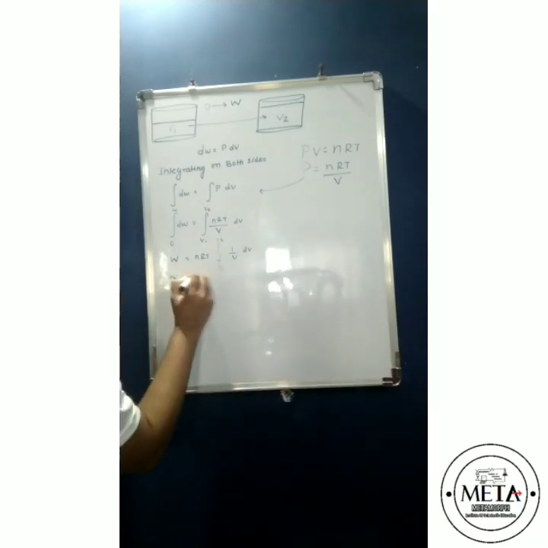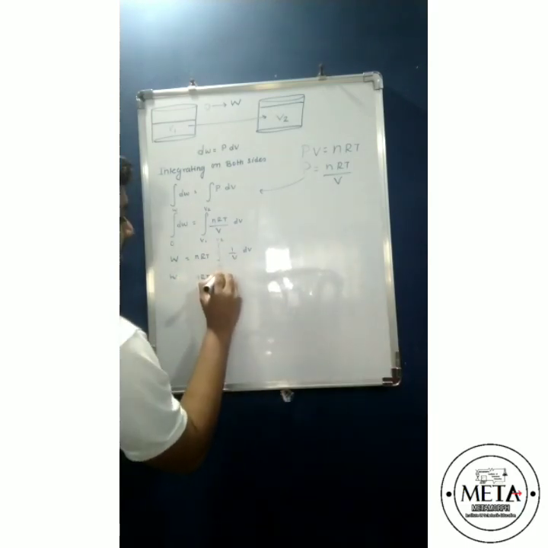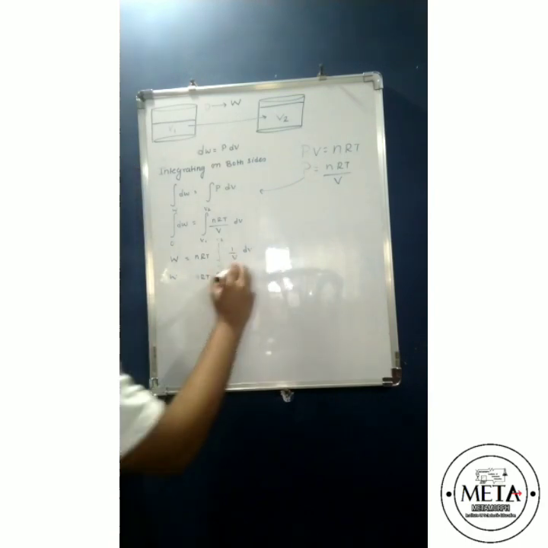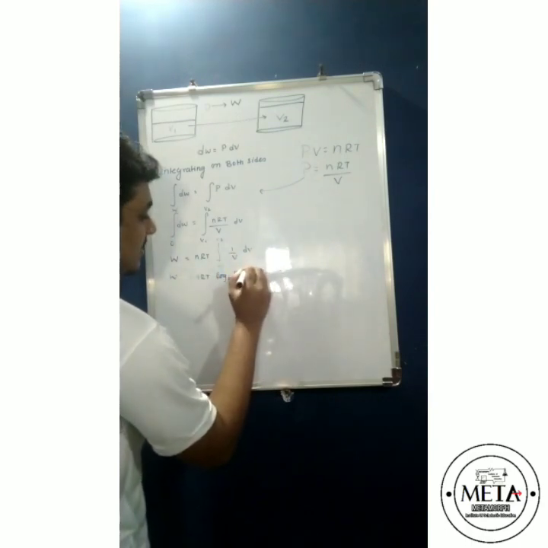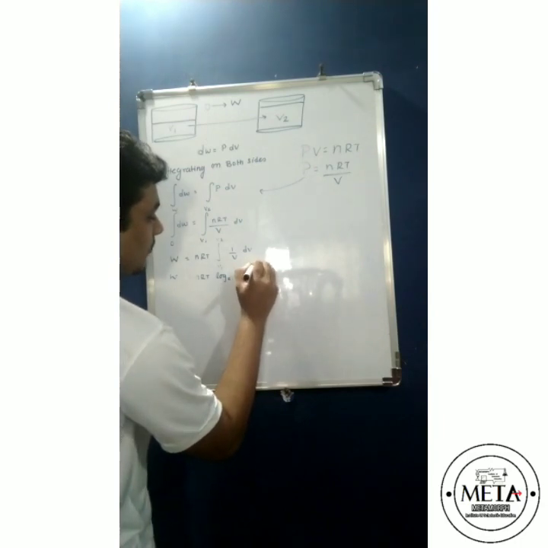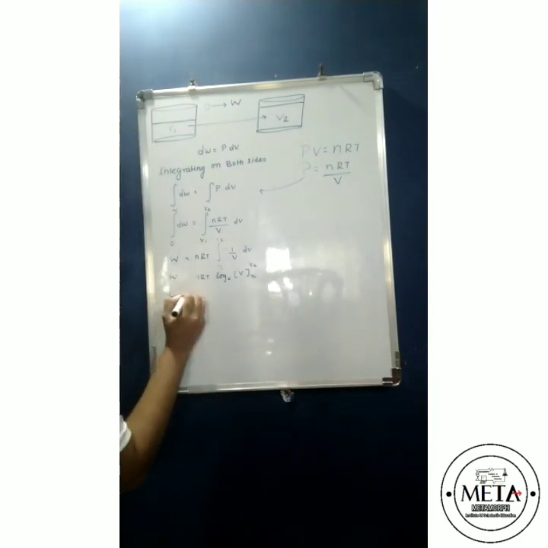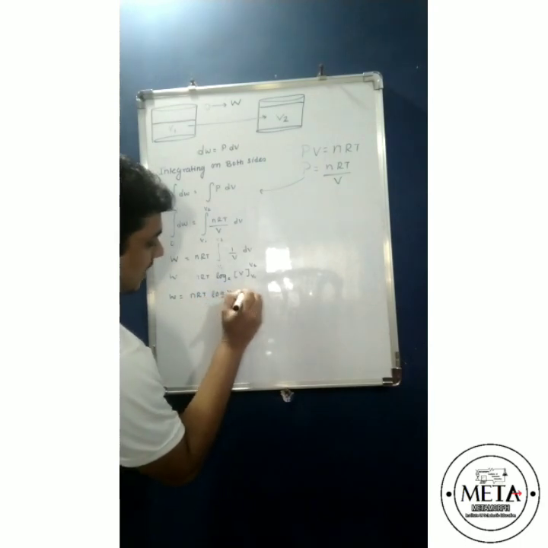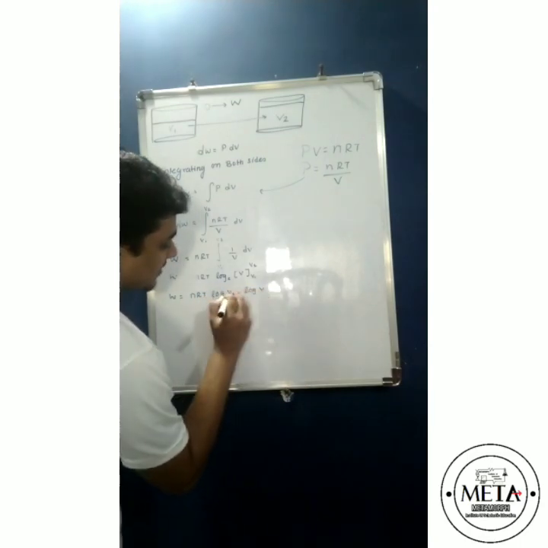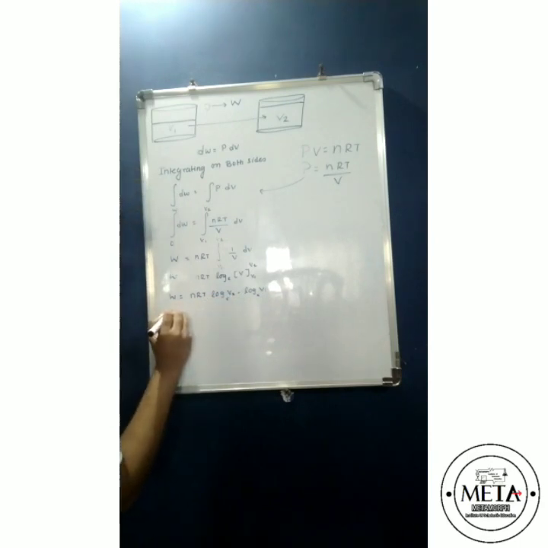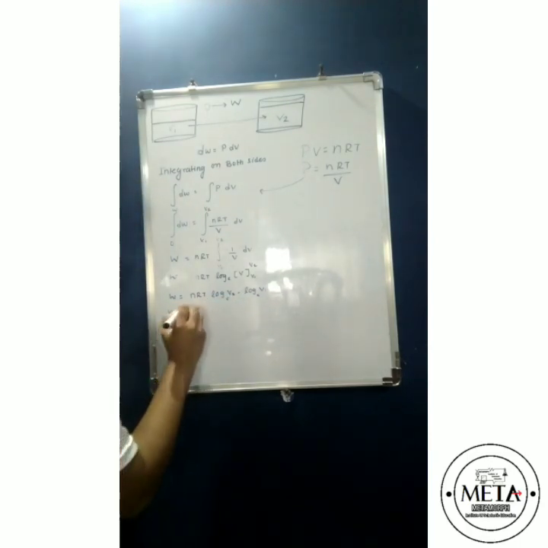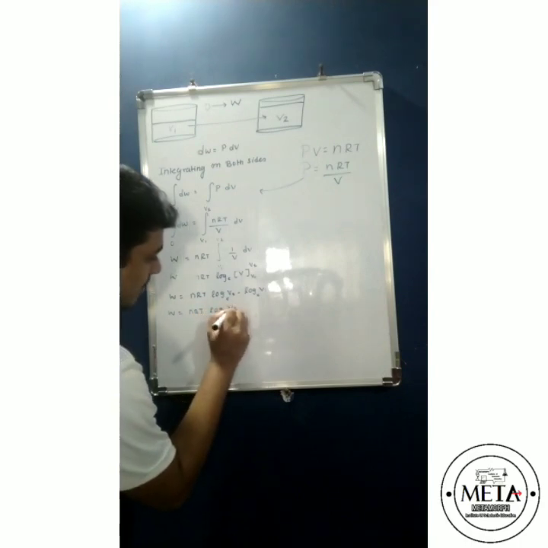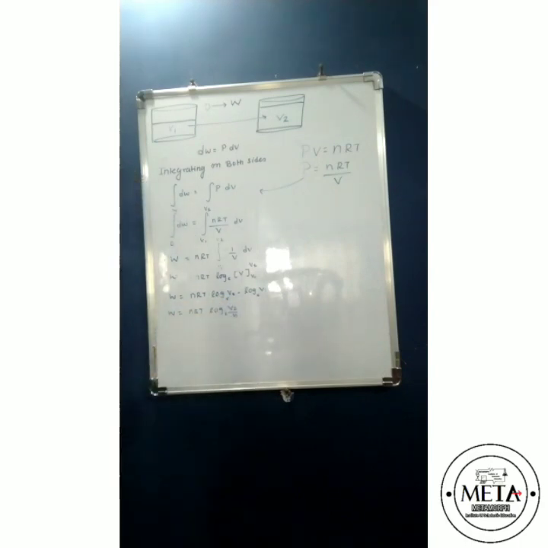So this is equal to nRT, natural logarithm, that is to the base e, of V from V1 to V2. So W is equal to nRT times log of V2 minus log of V1, which is the natural logarithm. By the laws of logarithm, it is nRT log of V2 by V1 to the base e.